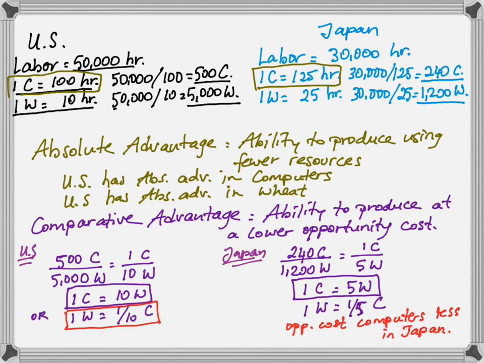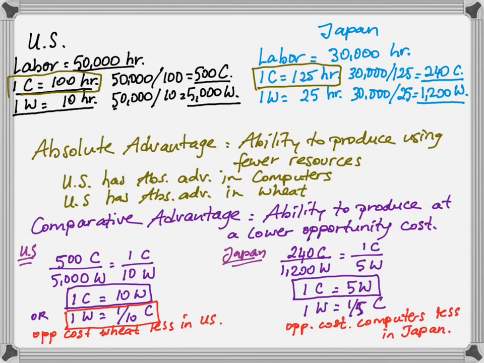When we take the price in terms of computers, we say that the opportunity cost of wheat is less in the United States.